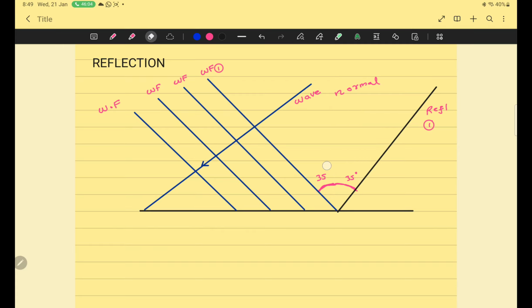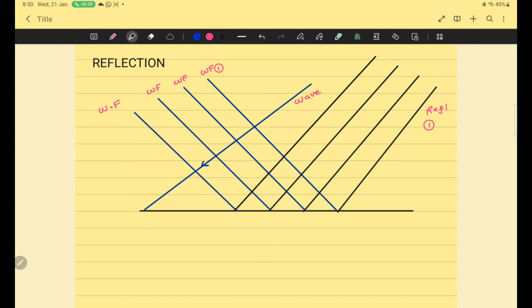Then erase the normal, erase this measurement, and now draw all wavefronts parallel to the first one. These are not rays, these are wavefronts, and wavefronts have no arrow.